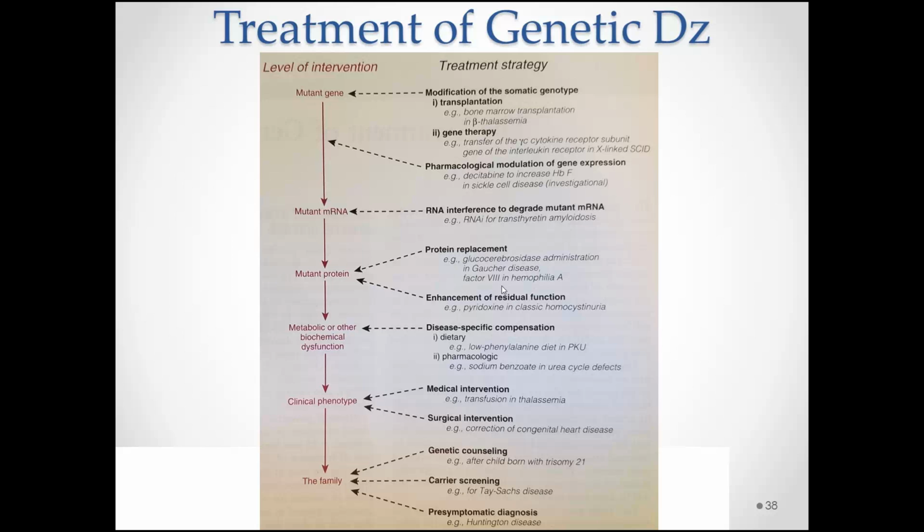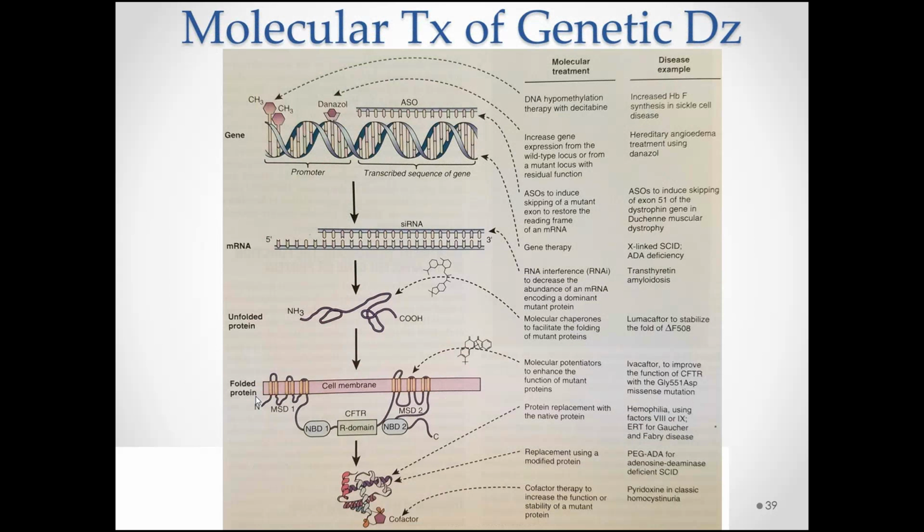We looked at recombinant factor VIII for hemophilia A. Metabolic or other biochemical dysfunctions can be treated, for instance, with a low phenylalanine diet in PKU. For the clinical phenotype, there are medical interventions, just your basic stuff, transfusions and surgical corrections.